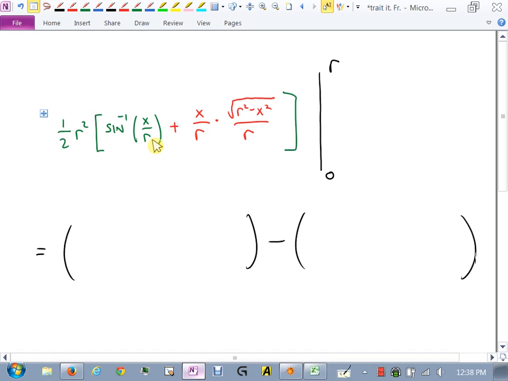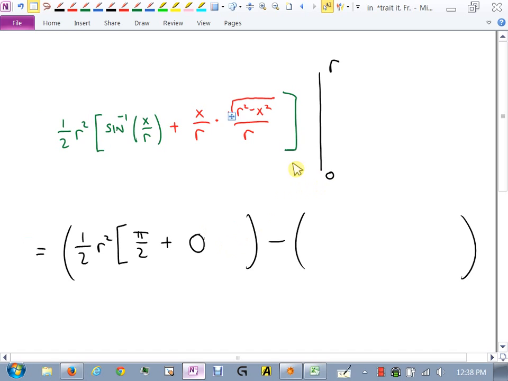Pi over 2. So we're going to get 1/2 r squared times pi over 2 plus, now plug r into this one. R over r is 1. R squared minus r squared gives you 0. That zeroes that whole thing out, so you just get plus 0 here.